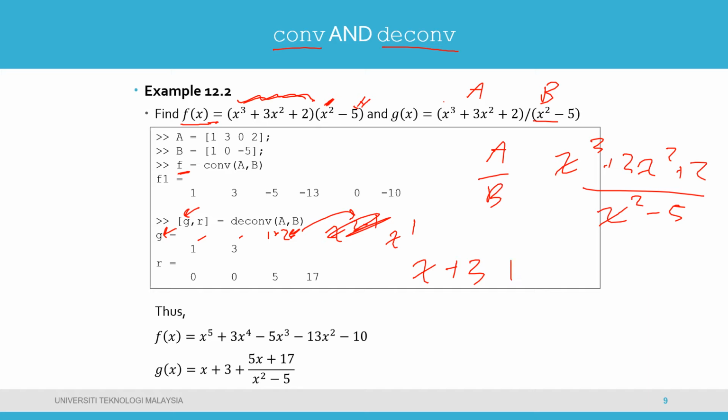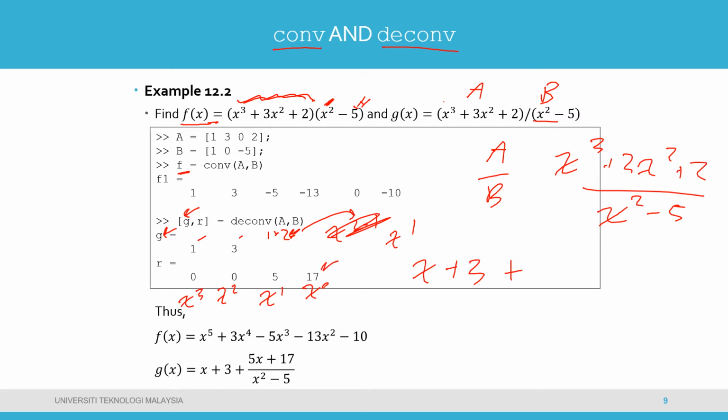And don't forget the remainder. Plus, you can look here, the remainder. So another way that is easier is you look at this location, the n. So this represents x power of 0, x power of 1, x power of 2, x power of 3.